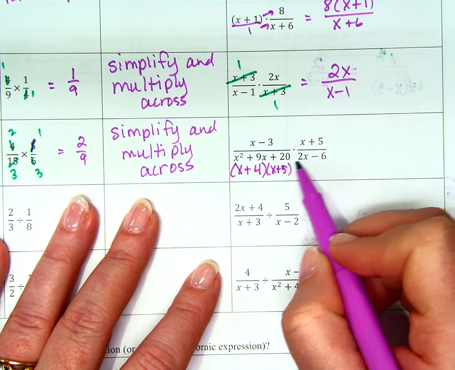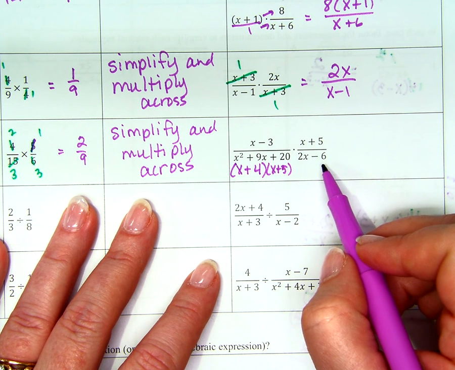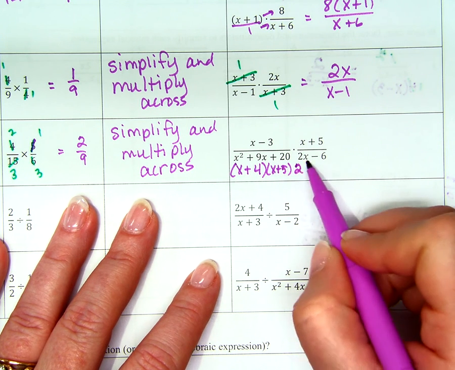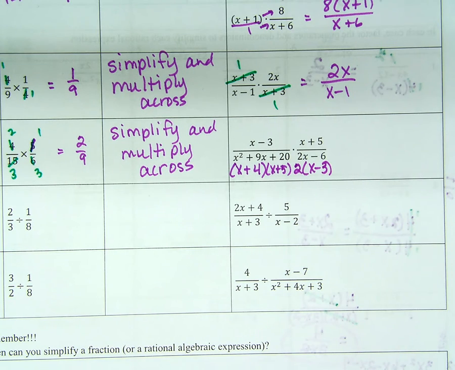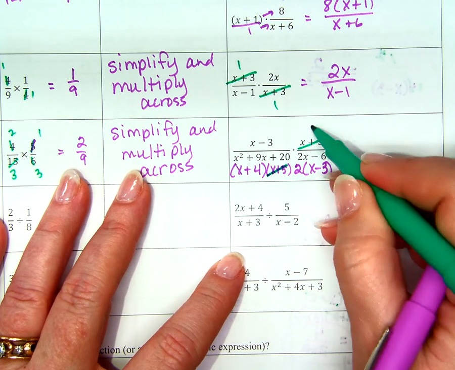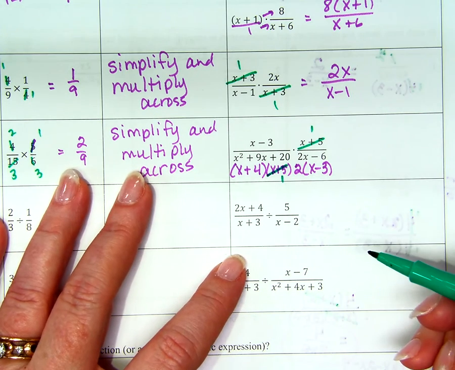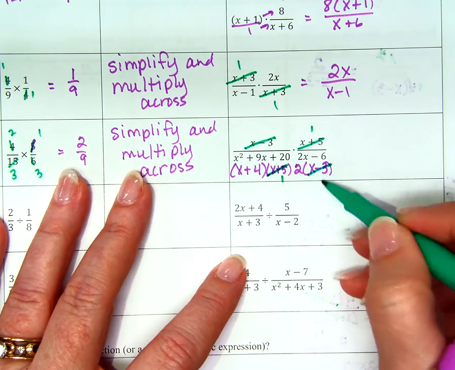All right, can I do anything with this? Oh, 2 times x minus 3, right? Okay. Now what? Okay, so x plus 5, simplify. Oh, and x minus 3's, right?